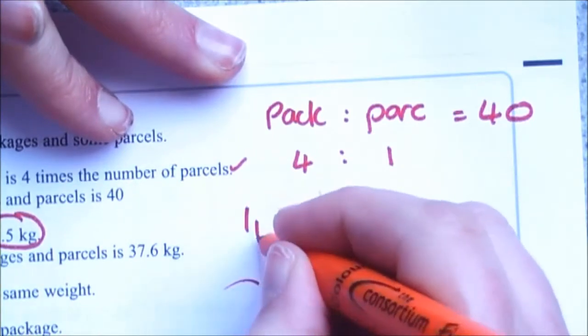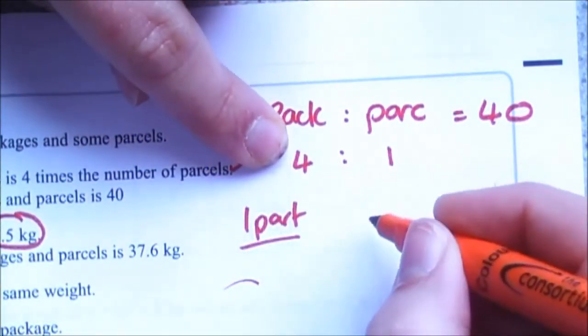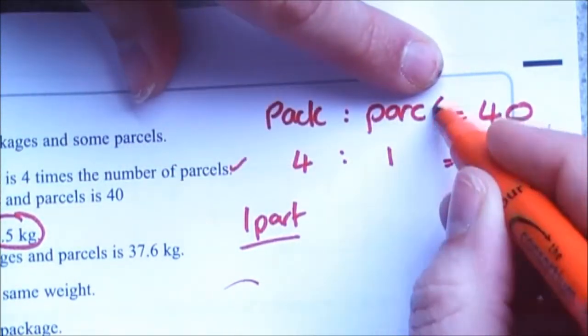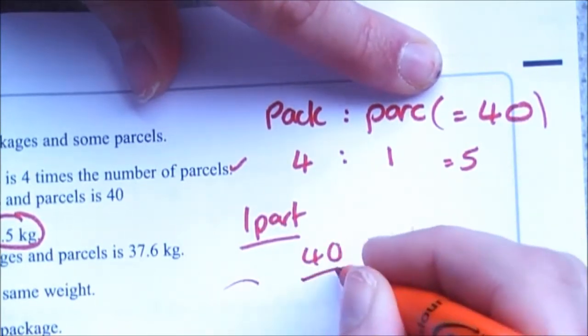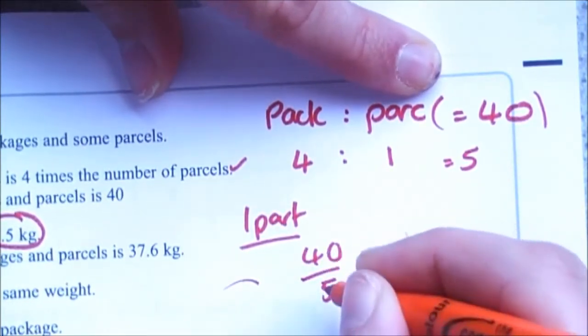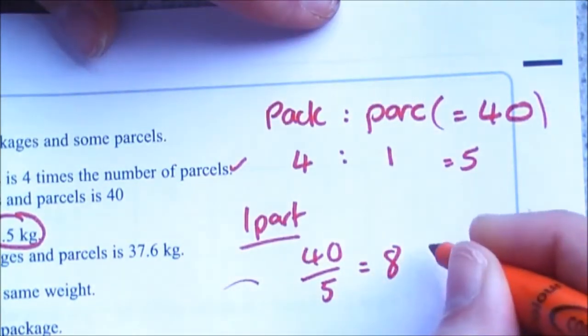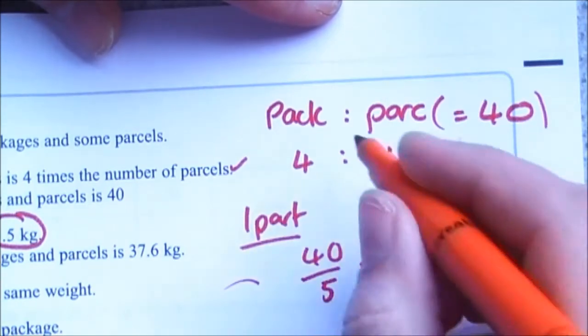So in order to find 1 part, I take the sum of the parts, so 4 plus 1, which is 5, and I share the total, which is 40, between those 5 parts, and 40 divided by 5 is going to give me 8.